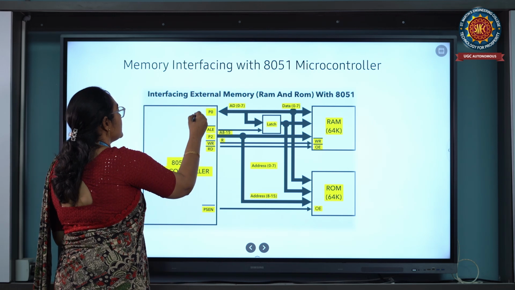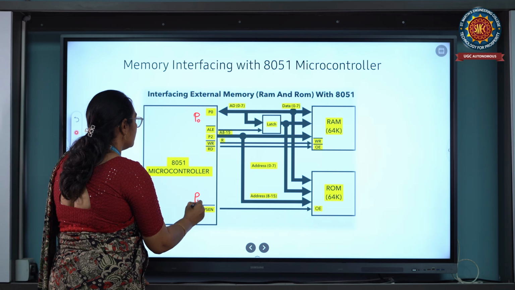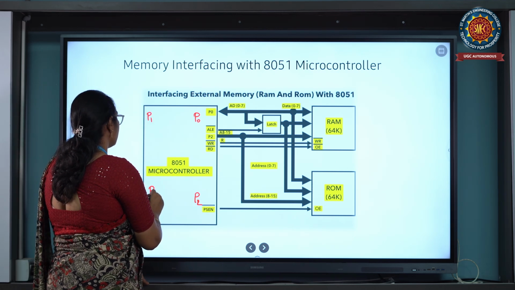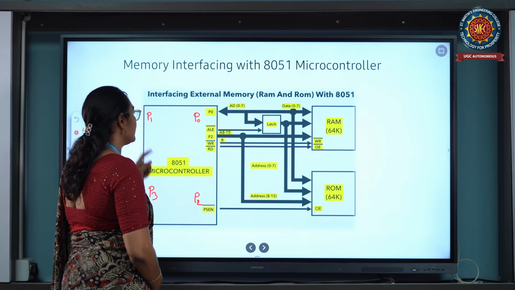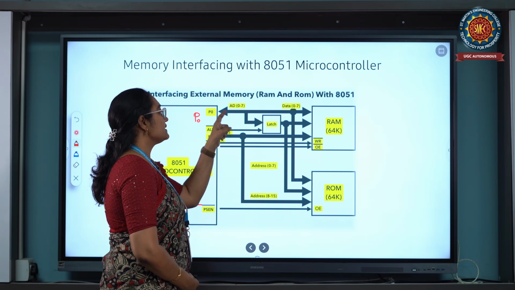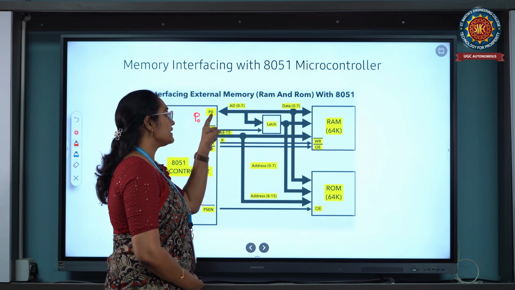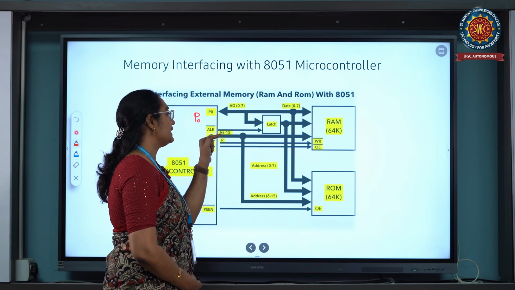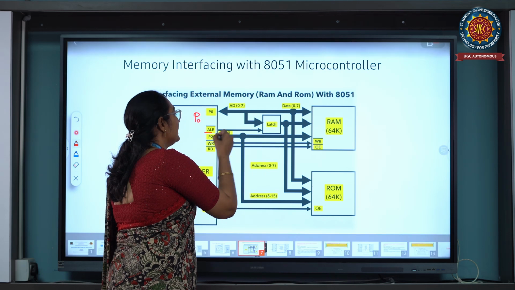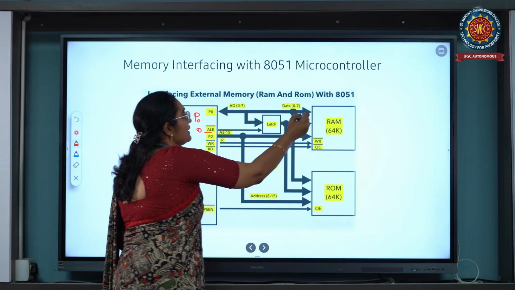Port 0 consists of multiplexed address and data lines. Here we demultiplex the address and data lines by using ALE. We use the ALE pin to enable the latch. When ALE equals 0, then only data lines are accessed.